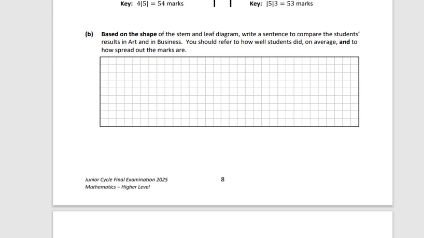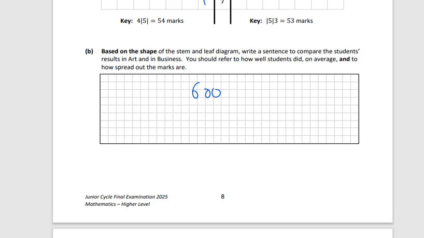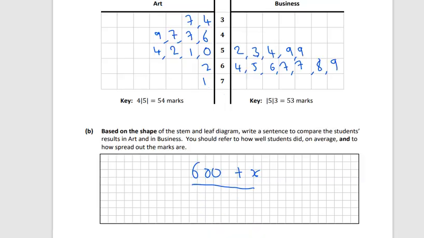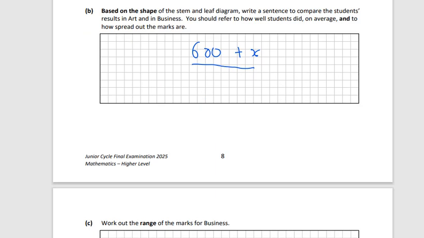And when you do all that, that gives you 600. That's what all of them for art add up to. But this other student, Ajani, we'll just call what he got X. Originally there were 12 students, but Ajani gives 13 students.